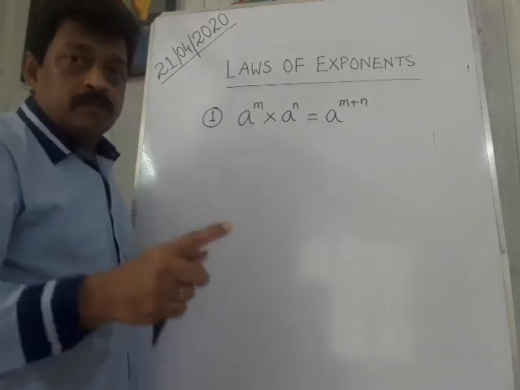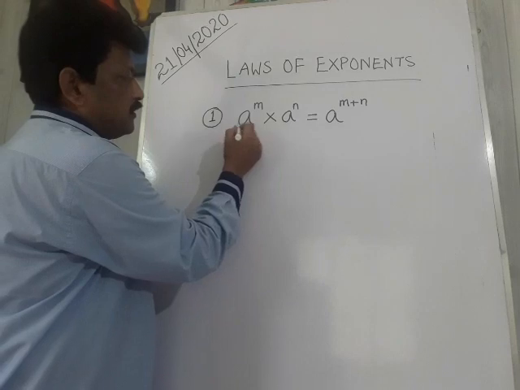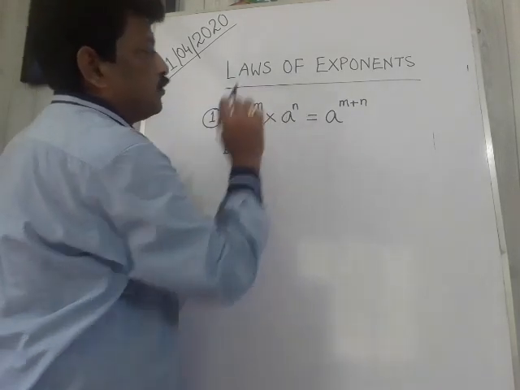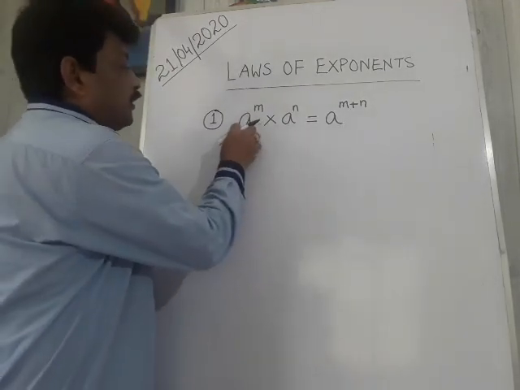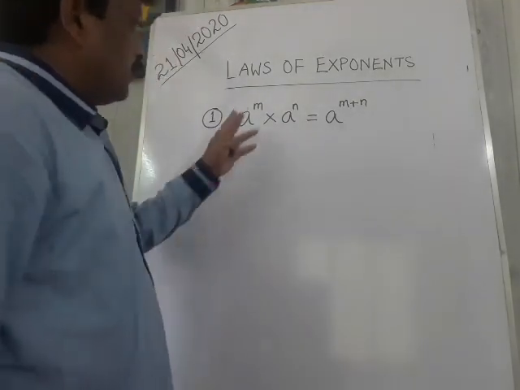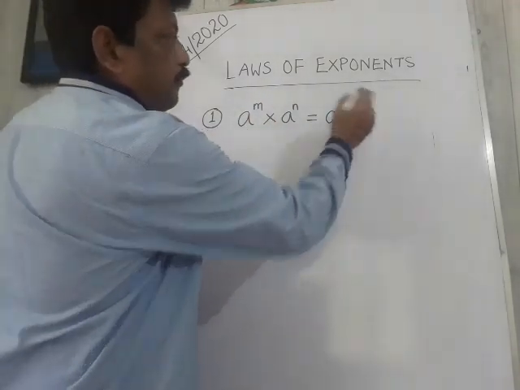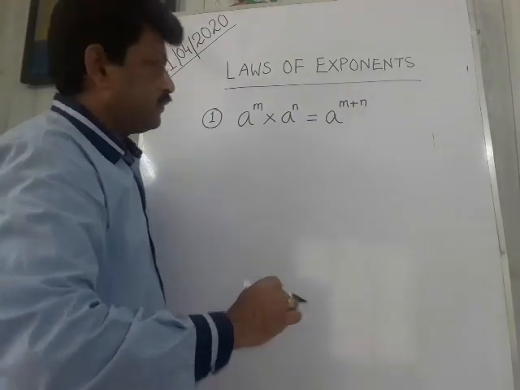So when two numbers are multiplied with the same base, this is known as the base, and these are known as the exponents. So if a number having two different exponents are multiplied, then the exponents are added, actually the powers are added.